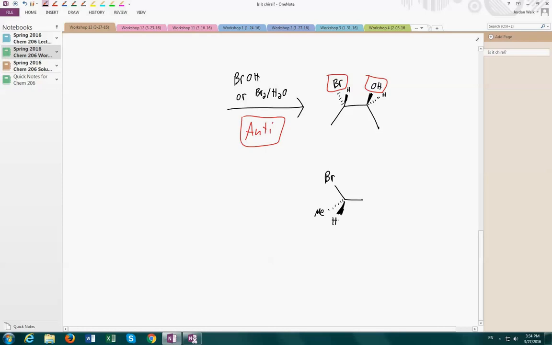Okay, so if our bromine's up, that means that we're going to want our hydroxyl group where? Down, right? We've got to orient it anti, and so that'll be there. All right, so if we rotate our hydroxyl group to the down position in the plane, we're still going to have, let's see, a dashed thing and a wedged thing. And so our methyl that's straight down, if we rotate it in the same direction, will it end up on the wedge or the dash?